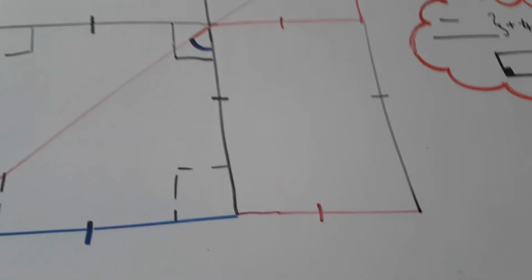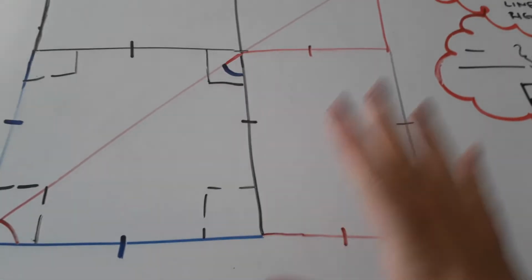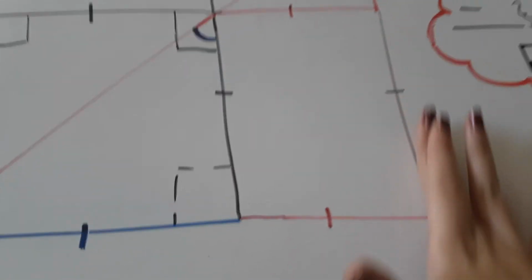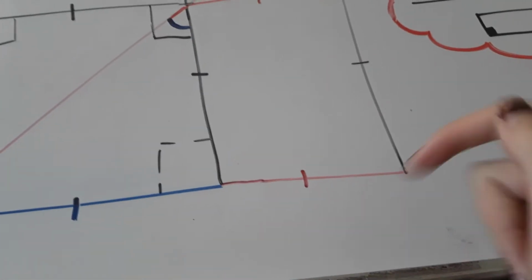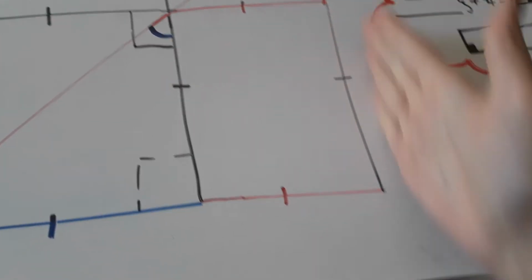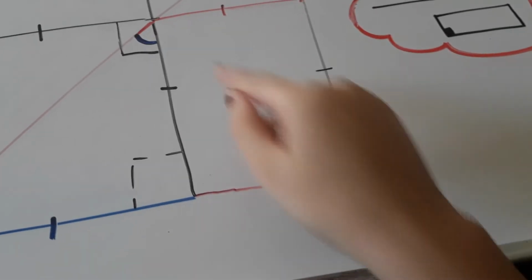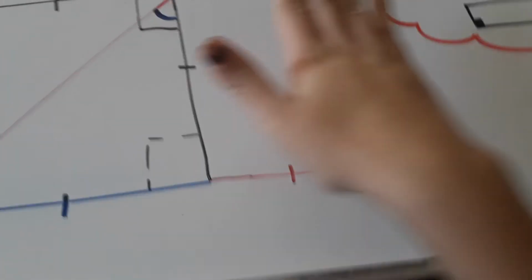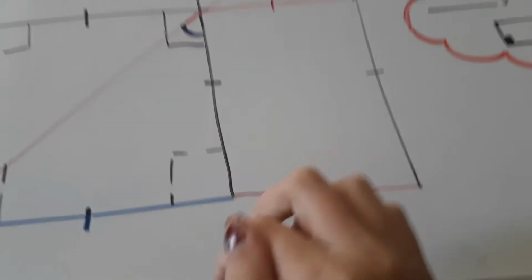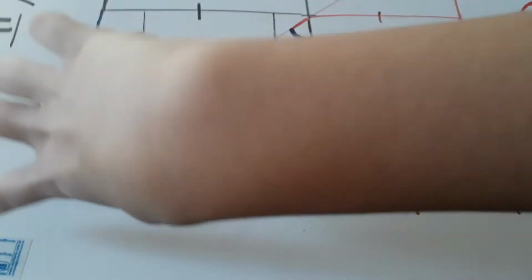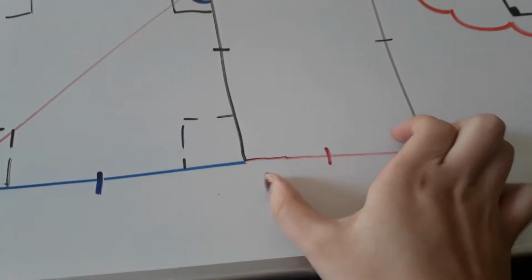So, what happens here? I have this whole straight line being equal to this whole straight line, okay? So, as this whole straight line is equal to this whole straight line, and this line is equal to this line is itself, this parallelogram is made by this side that is equal to this one, and this side that is itself.